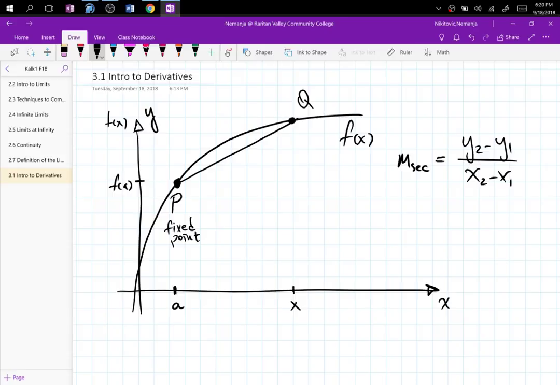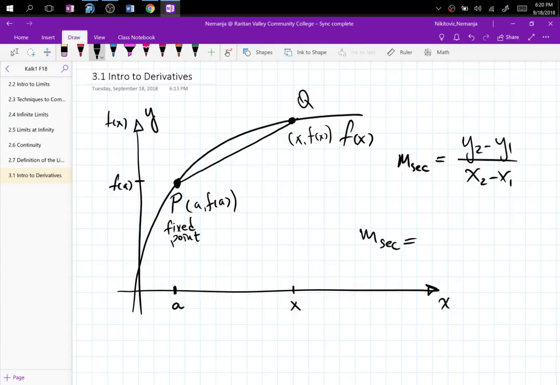So m secant is the slope of this line. And what I have is just a basic algebra formula, which now, since point P is a, f of a, and point Q is x, f of x, I'm going to plug those into my secant formula.